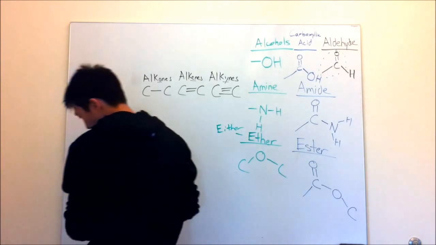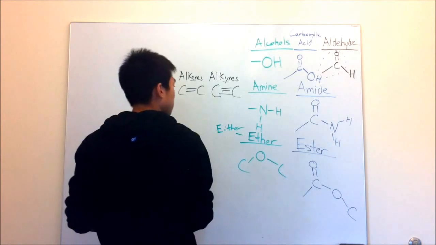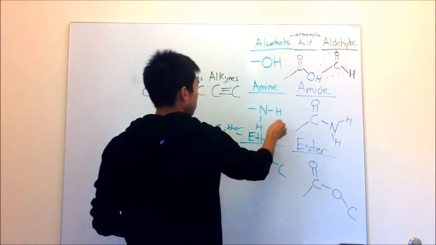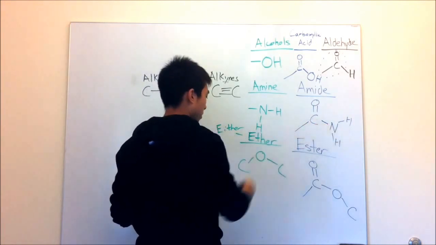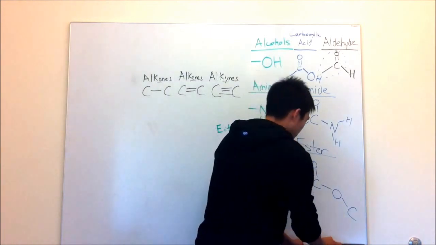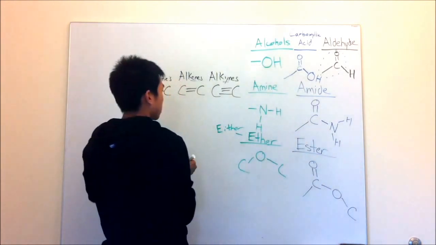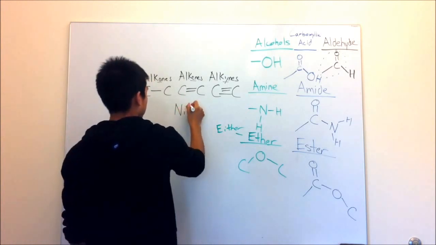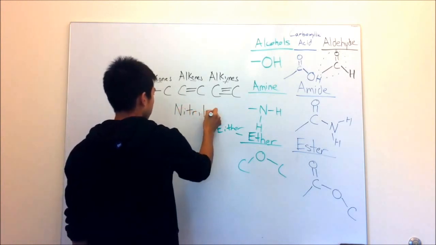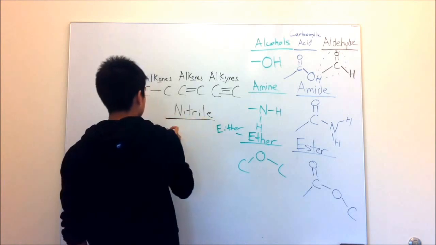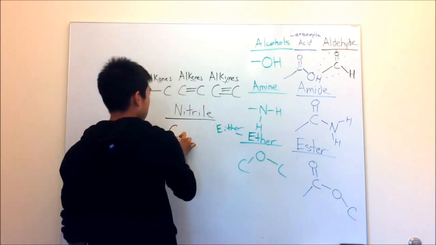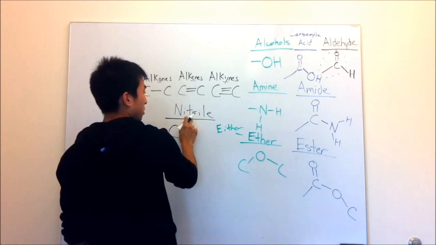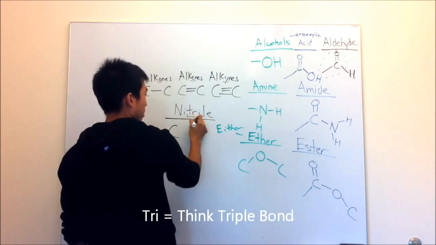So we went over two functional groups with nitrogen before. Now I'm going to go over quickly a third one with nitrogen, and that's going to be nitriles. So nitriles are just a carbon, and you can look in the name of the functional group as tri.